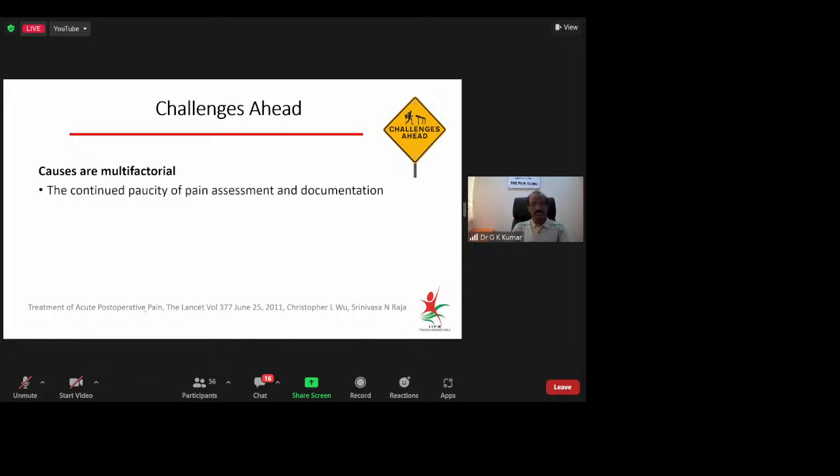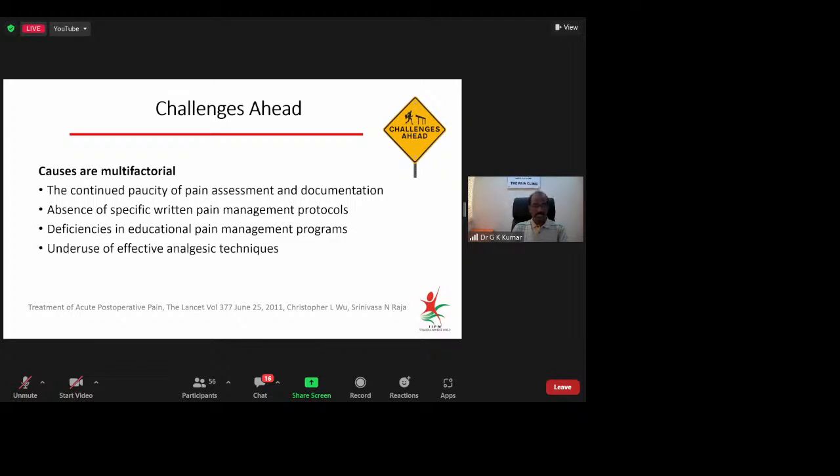The continuing paucity of pain assessment and documentation is the prime cause. Another thing is the absence of a specific written pain management protocol, deficiencies in the execution of the pain management program, underuse of effective analgesic techniques, and poor adherence to the available guidelines.